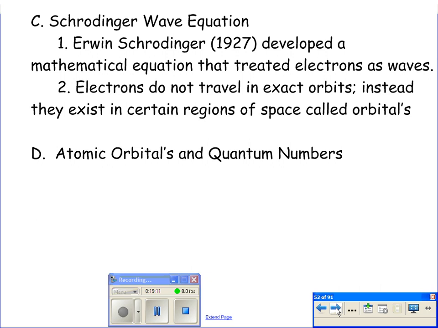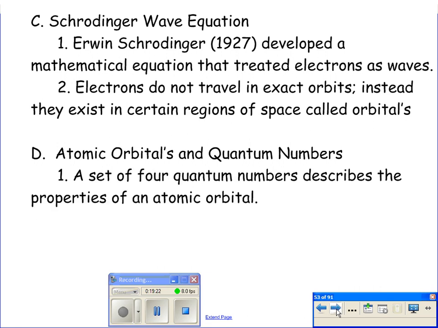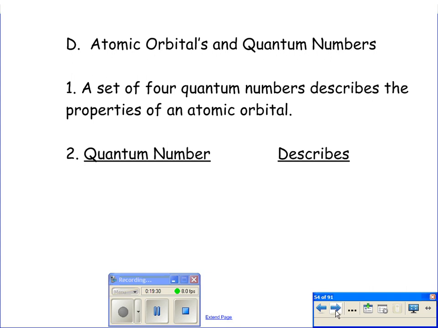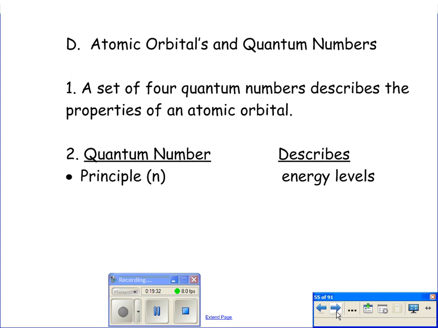And we use this quantum number to locate things with everything that we do. For a quantum number, you're going to have 4 different portions of it. You're going to have the principal energy level, what energy level it's in.